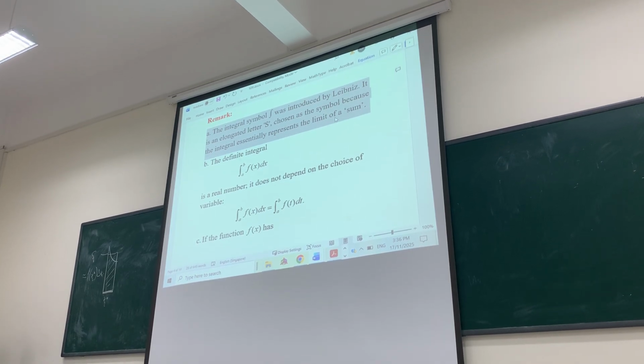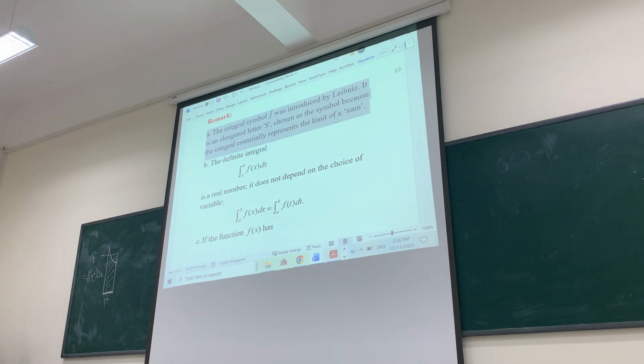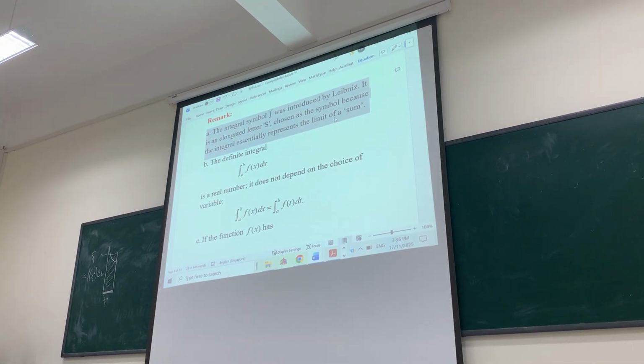The integral sign depends on the elongated letter S and sum.